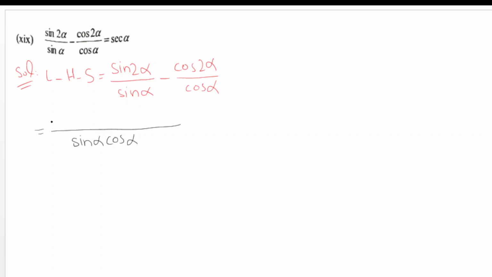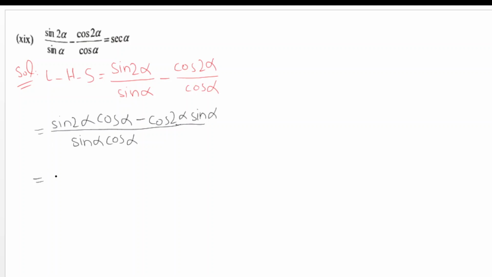Sine will be cancelled, and sine 2 alpha will multiply with cos alpha, and minus cos will cancel, so it will be sine 2 alpha cos alpha minus cos 2 alpha sine alpha.